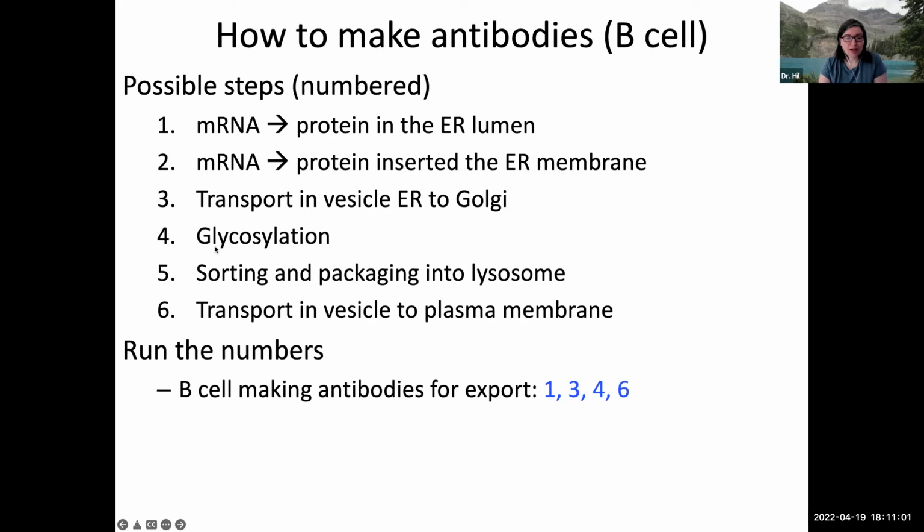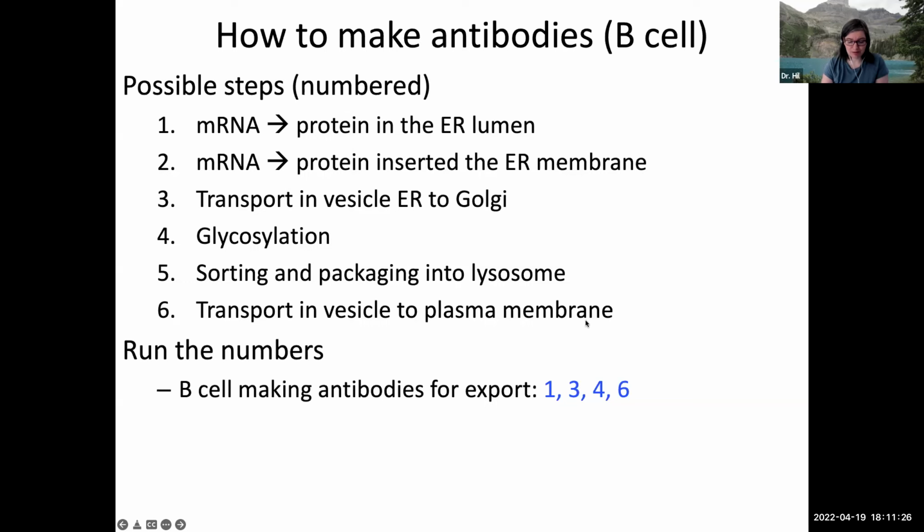That happens with the glycosylation enzymes in the Golgi. That then tells the Golgi, oh, this is going to the surface of the cell. So it's packaged into another vesicle that's destined to the plasma membrane. And once that vesicle reaches the plasma membrane, the membrane of the vesicle fuses with the plasma membrane, and the contents of the vesicle are dumped outside.